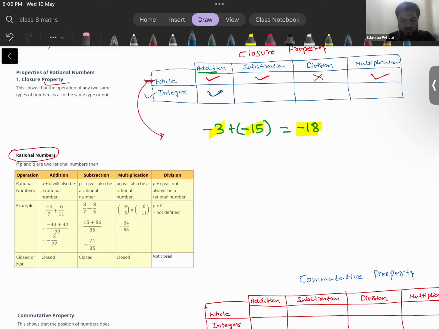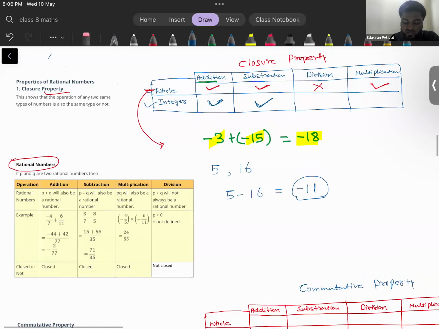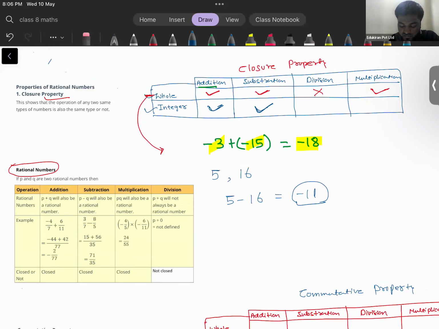That is the main thing to discuss here. -5 and 16. Okay, let's subtract them. -5 minus 16 gives you -21. Here we also see that the result is also an integer. So we say that subtraction is following the closure property for integers. Right? What about division?